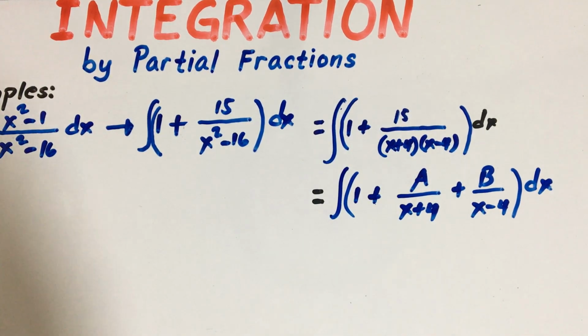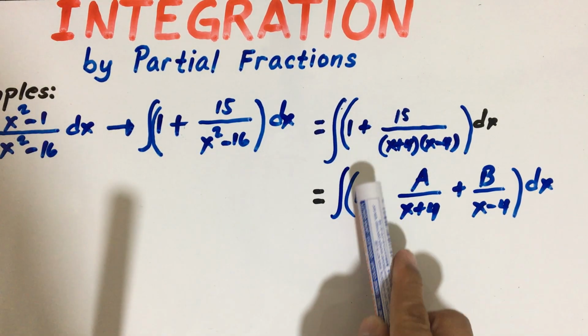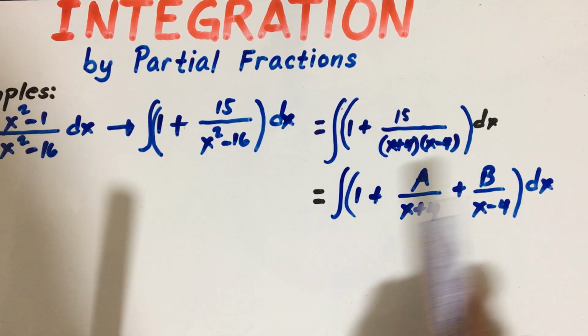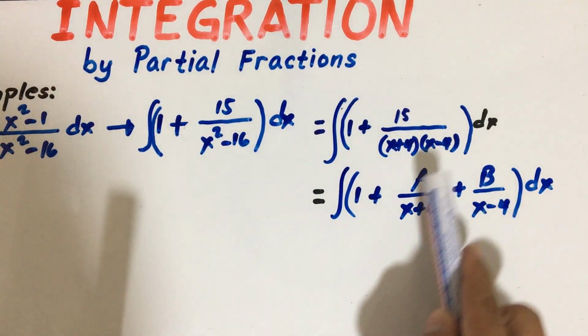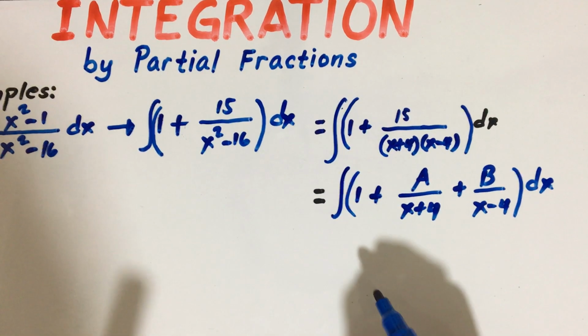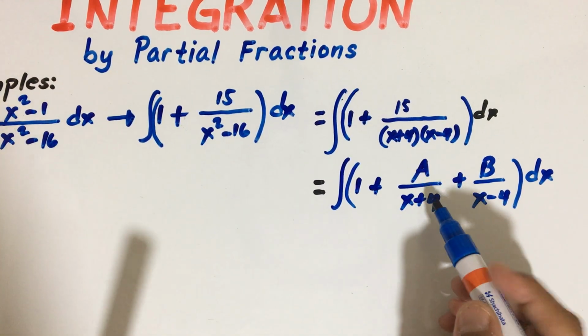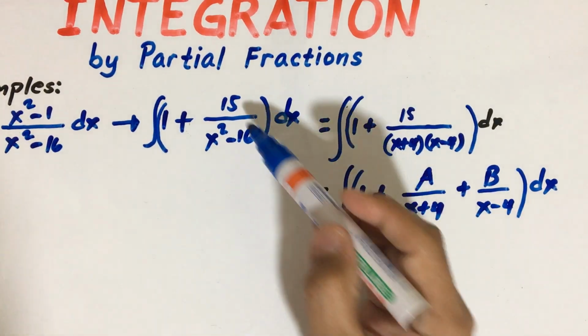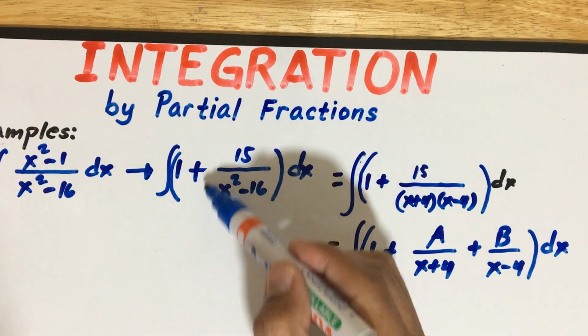We can leave this one here because the integral of 1 times dx is just equal to x. So we have to deal with this part only. And then we'll just combine them together later on. So taking this part, we have to deal with this only.